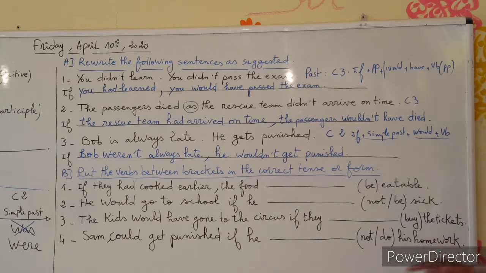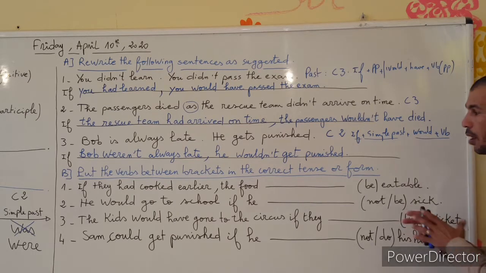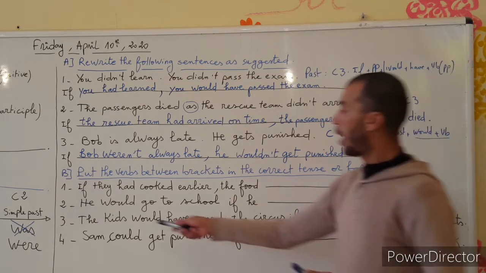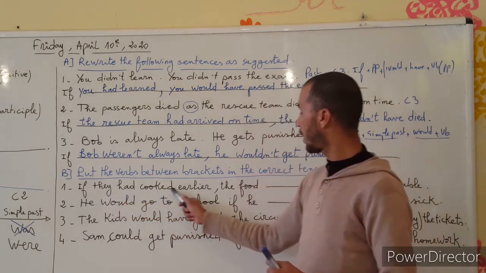Now we move to the second part of examples or exercises that we may have in the national exam: put the verb in brackets in the correct tense or form. Here you have the first half of the conditional sentence already given to you, and you write the second part or you continue with the second part of the sentence. We have if they had cooked earlier.